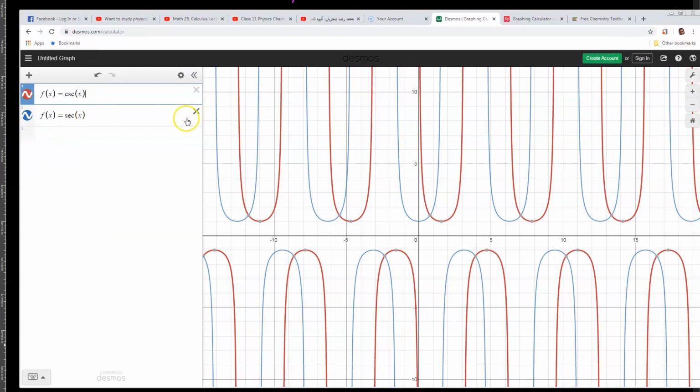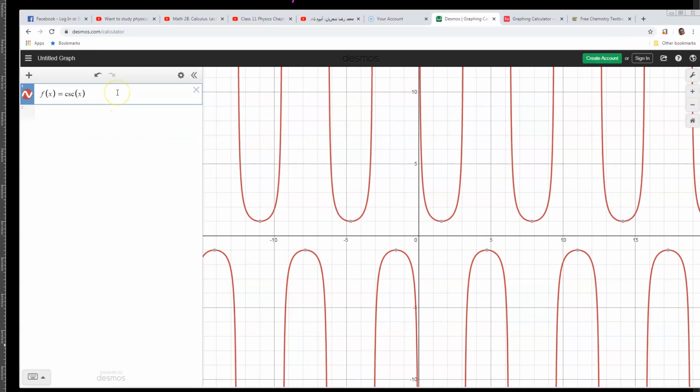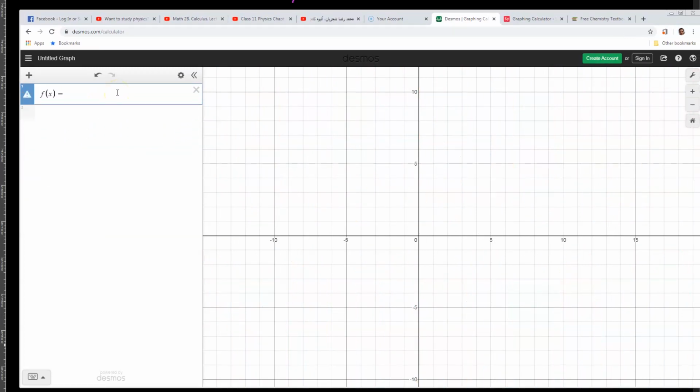So suppose that you have the function f of x is equal to sine x. As you can see, the function starts from 0 and keeps going all the way up to pi by 2, pi, 3 pi by 2, 2 pi, and then does the same thing over and over again.